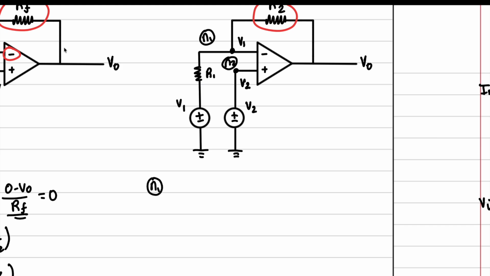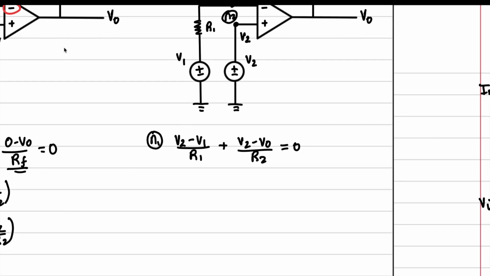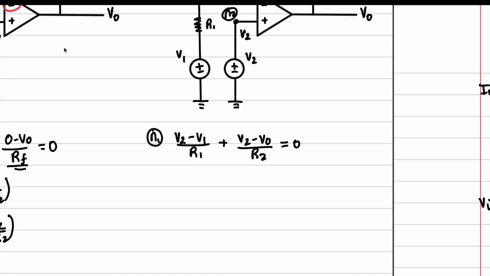Sorry, this is not V1, this is V2. We will have V2 minus V1 over R1 plus V2 minus V naught over R2 is equal to 0. And we will just simply solve for V naught. Multiply both sides by R2 over R1, V2 minus V1 plus V2 is equal to V naught.